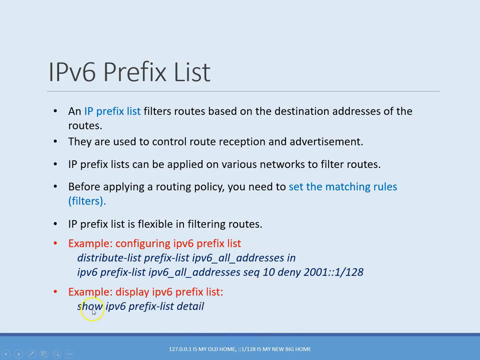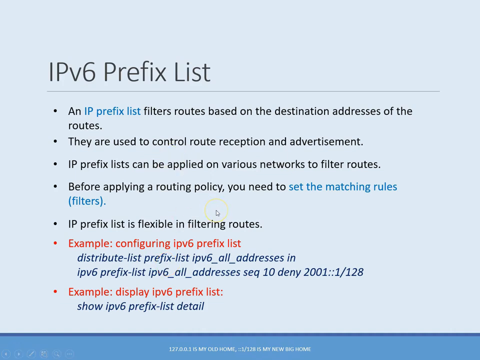Another command which is useful in creating the IPv6 prefix list is show IPv6 prefix list detail. This command shows the entries of the IPv6 prefix list that has been created previously using this command.